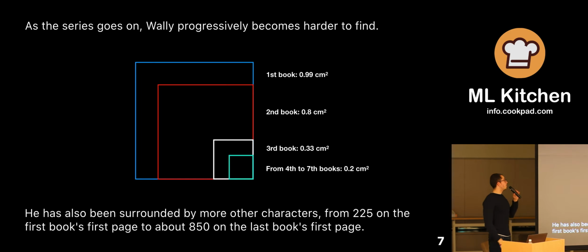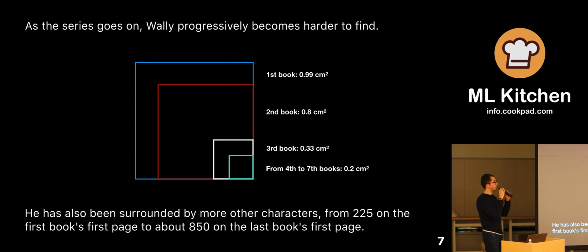So I had everything to start, until I looked into Wikipedia and I found this interesting text: as the series goes on, it progressively becomes harder to find. So the first square is the average size of Wally in the first book, and the last square is the average size of Wally in the seventh book.